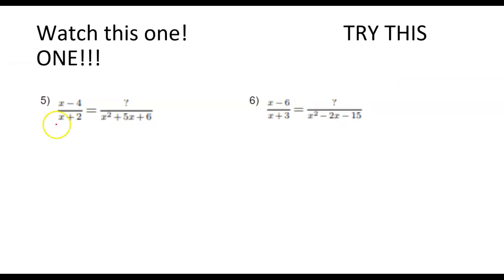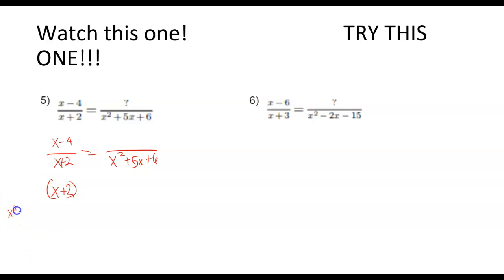All right, let's try this one. We have x minus 4 over x plus 2. We're converting it to x squared plus 5x plus 6. And we want to find out our numerator. So I'm going to break them down into prime factors. X plus 2 is already a prime factor, so it's not going to change.